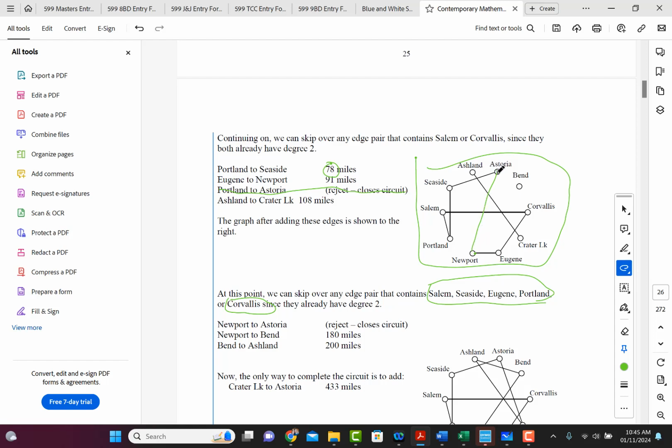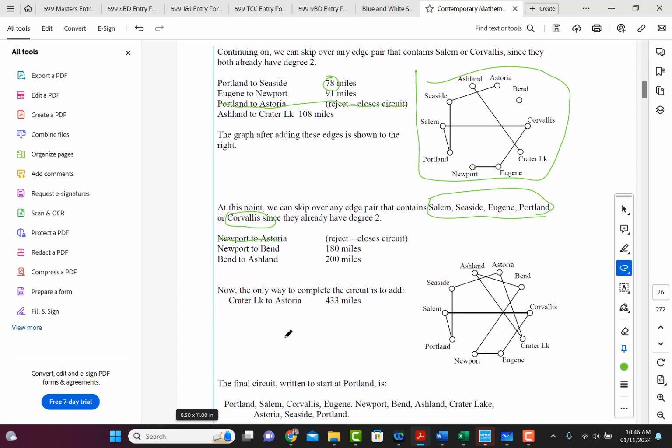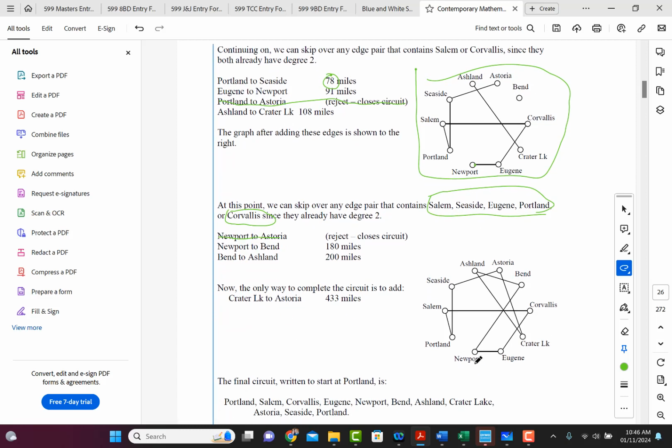We go all the way around. It closes the circuit. Okay? So we don't want to do that. So that one's rejected. And so now what we're going to do is we're going to map Newport to Bend and Bend to Ashland. And so now this is what we have. And now look, now we have a circuit.